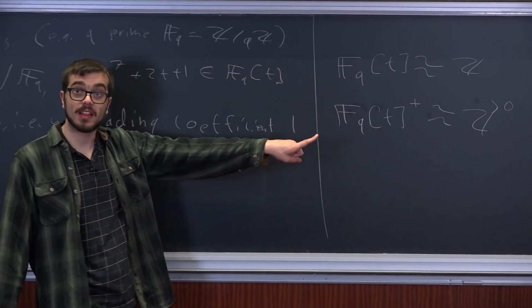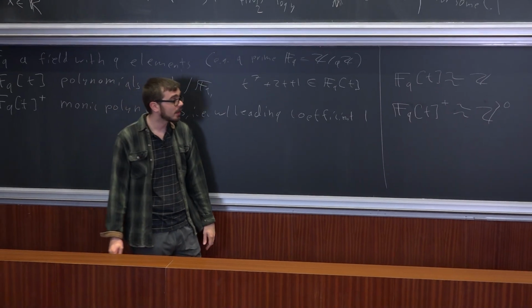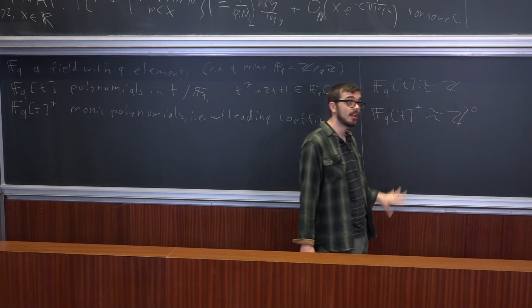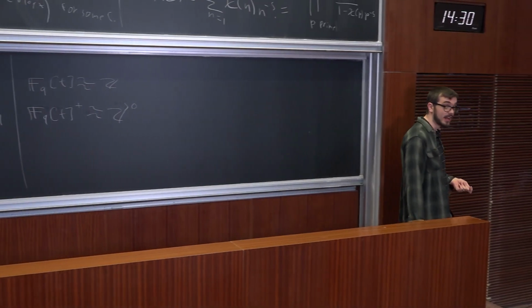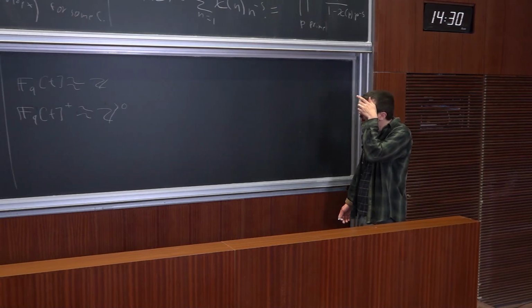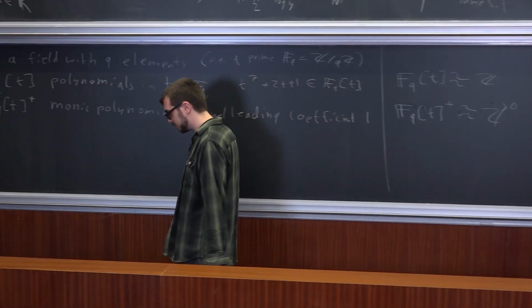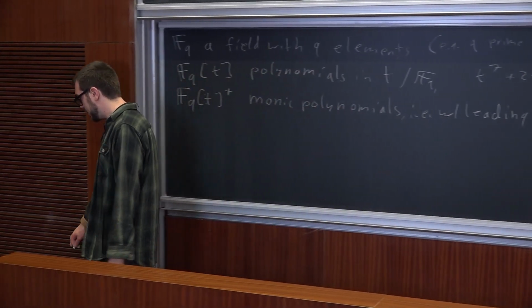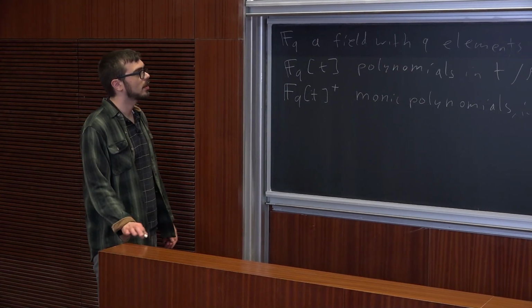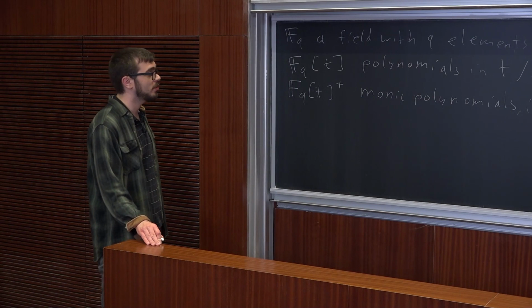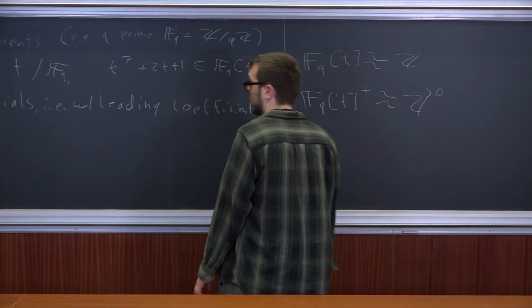So every integer that's not 0, you can write uniquely as a positive integer times plus or minus 1. And every polynomial that's not 0, you can write uniquely as a monic polynomial times a non-zero element of this finite field. So for questions where we care about positive integers, we'll use the monic polynomials.